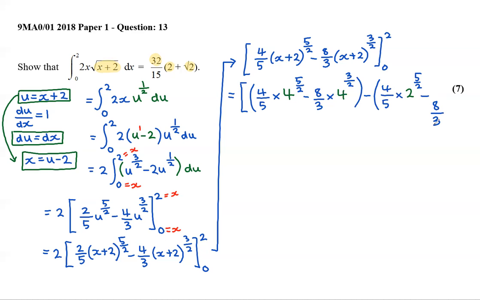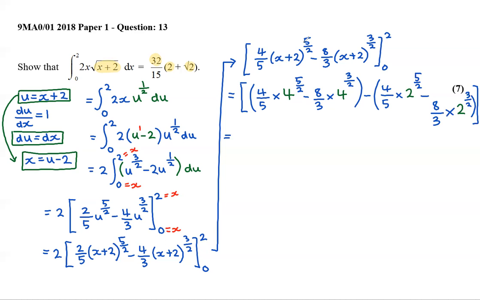So 8 over 3 multiplied by 2 to the power 3 over 2. Close that bracket. I actually didn't need the big square brackets, I'm going to remove those. They were there for when the 2 was on the outside, so I probably could have removed them earlier. Never mind.